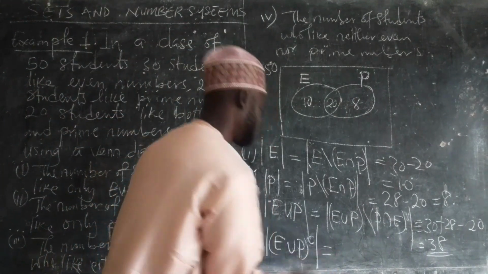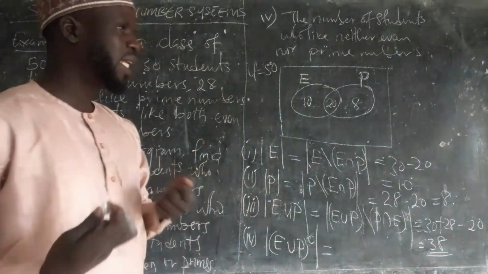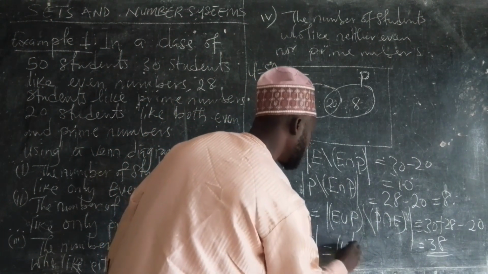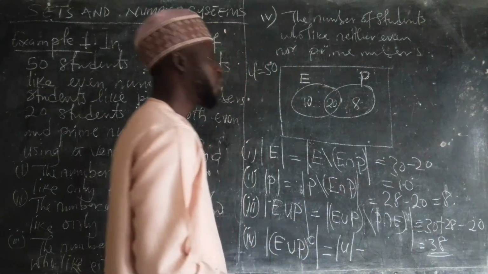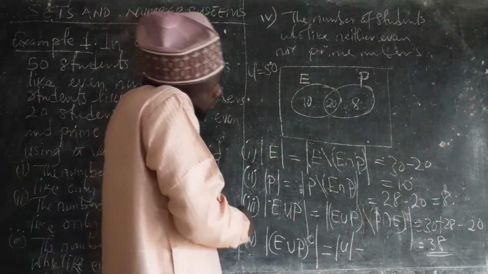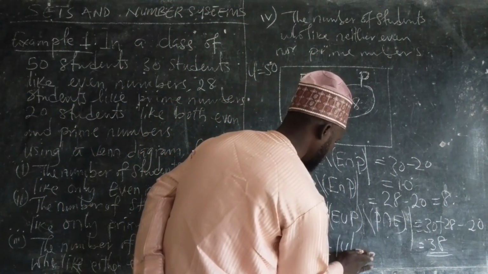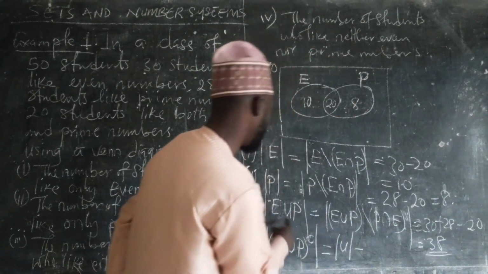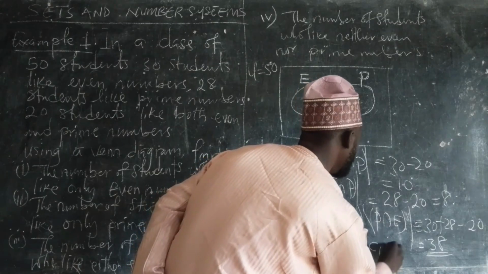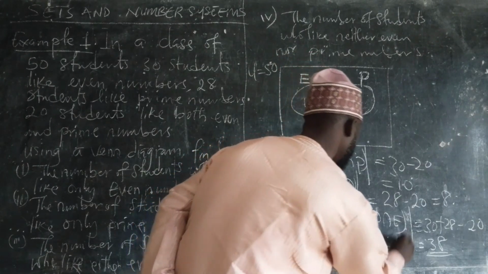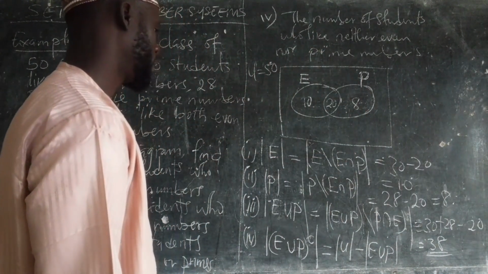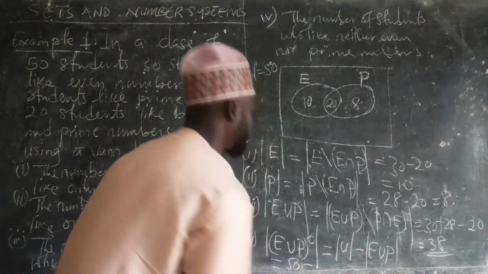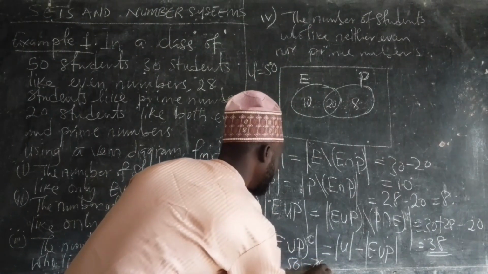To get this out of the universal set, it is the size of U minus the size of E union P. The size of U is 50, and the size of E union P is 38.